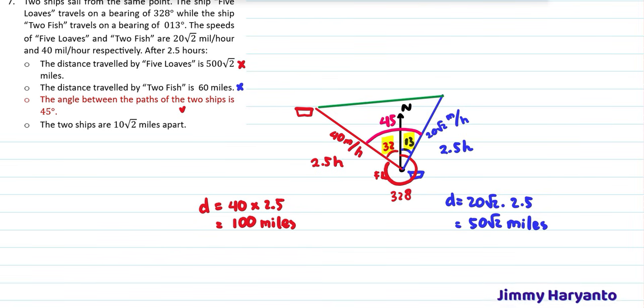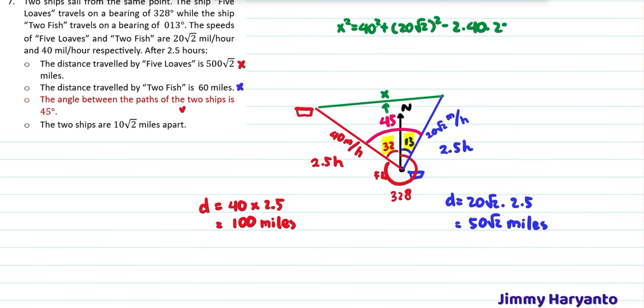Because we only have one angle, that means we'll use the cos rule. So x square equals 40 square plus, wait, I think I have to move this. So this one is 20 square root of 2 square minus 2 times 40 times 20 square root of 2 times cos 45.